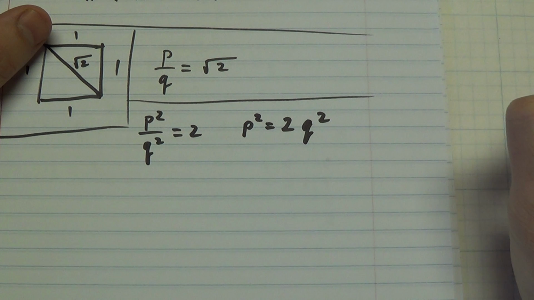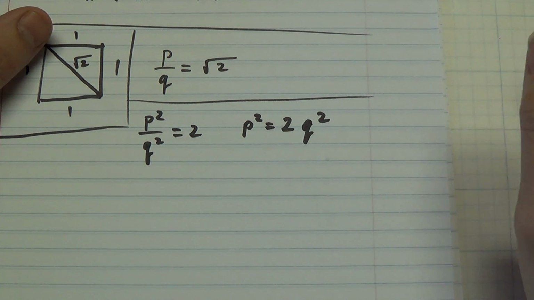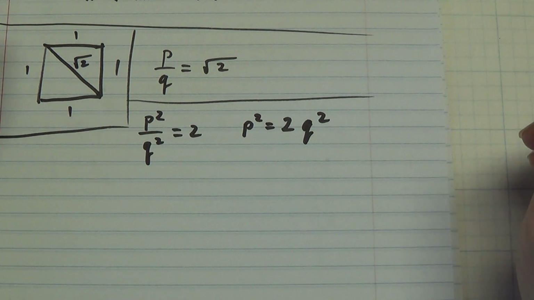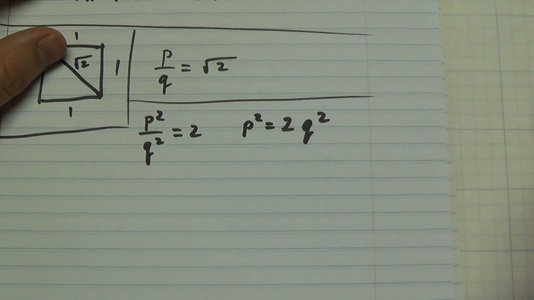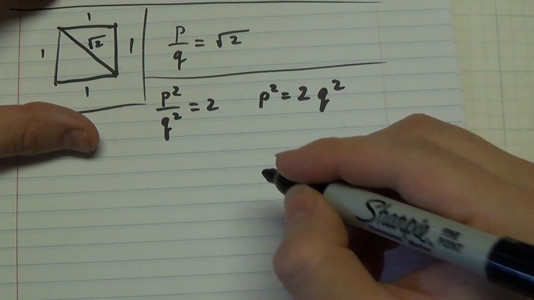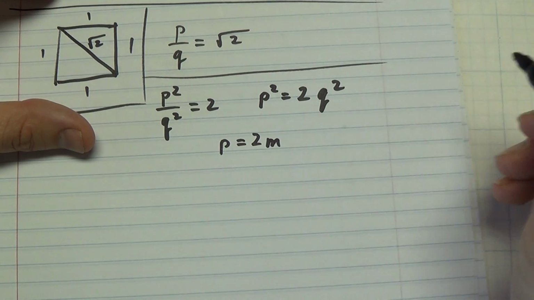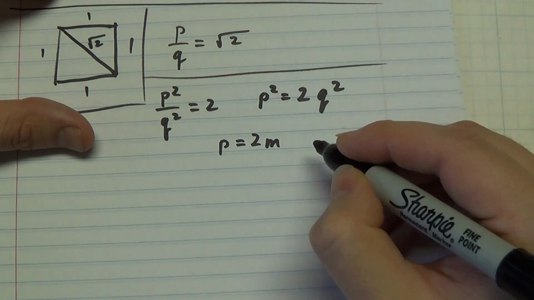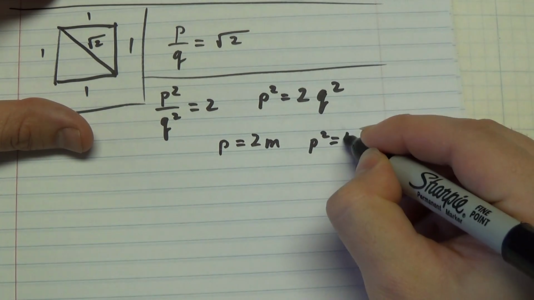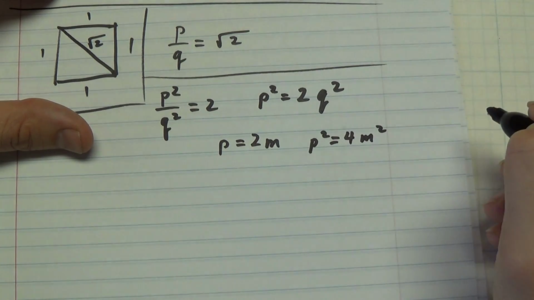So any of those factors of 2 have to come from that number, and it gets it twice because it's squared. So p squared is a multiple of 4. Or in other words, p is equal to twice some number m, and p squared is 4m squared.